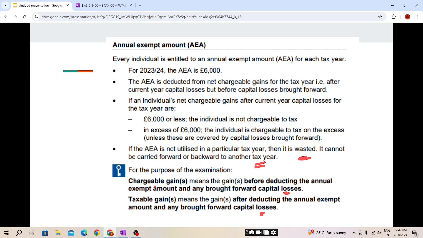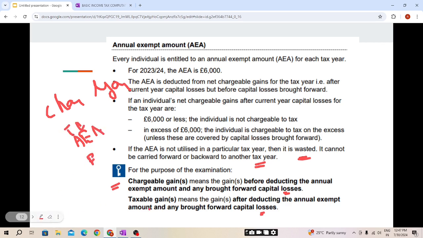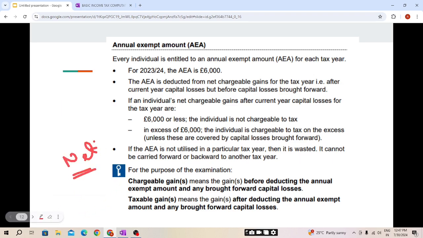So students, if chargeable gains is mentioned, this is before the deduction of AEA, trade loss set off relief or brought forward loss. If it is mentioned as taxable gains, it means after deducting the annual exempt amount and any brought forward loss. The format is clear. If it is not mentioned as net, it will be mentioned as chargeable gains. I hope this is clear, students.